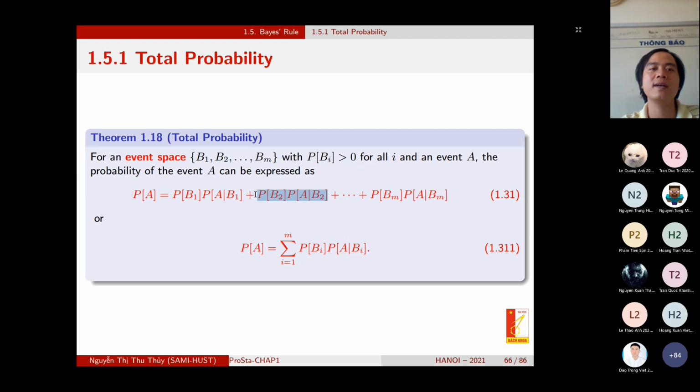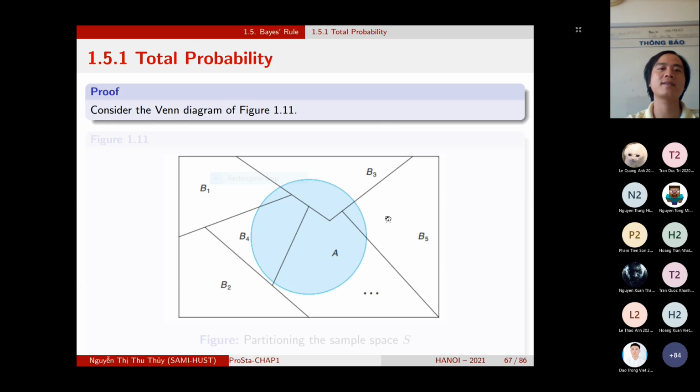So that is the other way to compute the probability of A, by splitting it into small different parts: A and B1, A and B2, and A and Bm, and then we use the product rule to have formula 1.31.